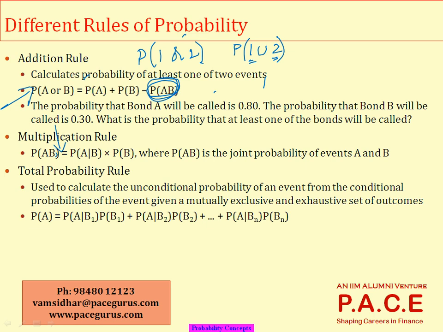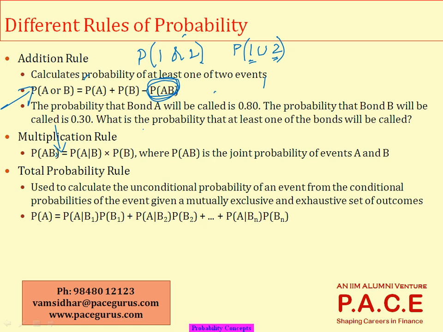So using that formula I can find out the chance of at least one of the events occurring. So probably you should convert into the business scenarios and then look at what is the chance of at least one of the events occurring.